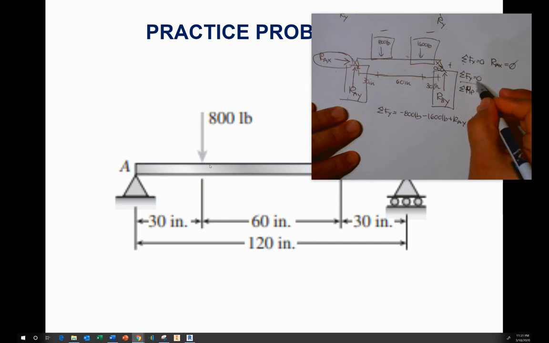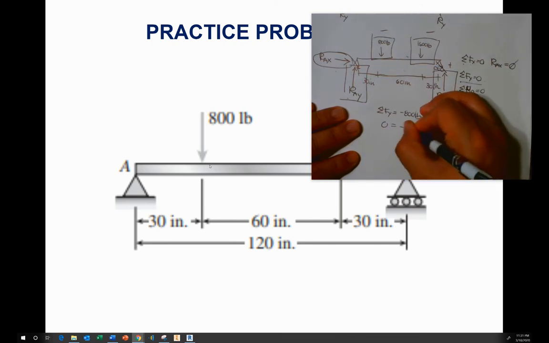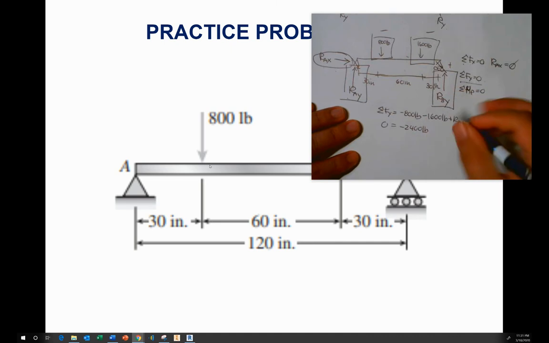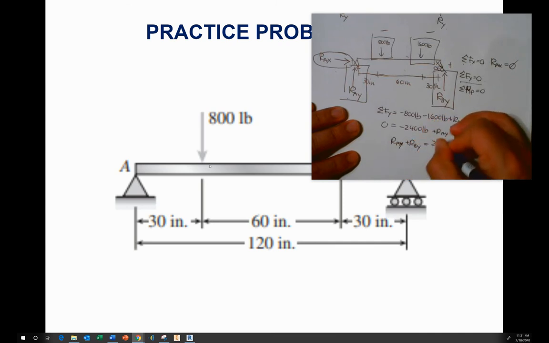Sum of forces in the Y equals 0. Then that's going to tell me that 0, I'm going to put it on this side, is equal to negative 2,400 pounds plus Ray plus Ruby. If I move it to the other side, it tells me Ray plus Ruby equals 2,400 pounds.